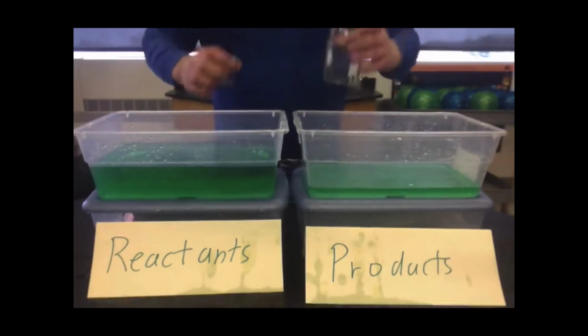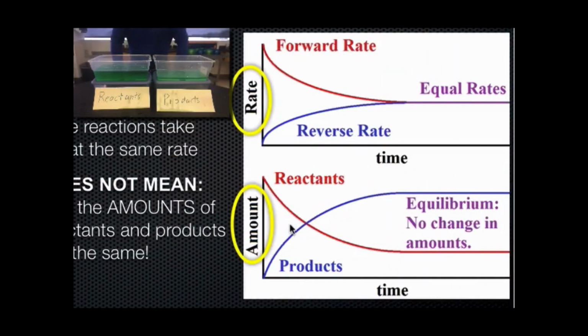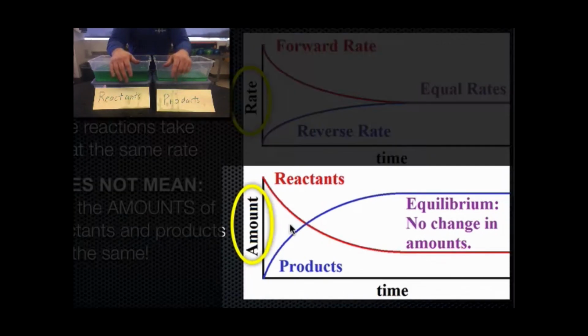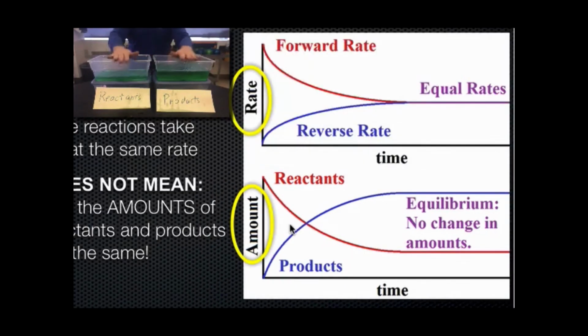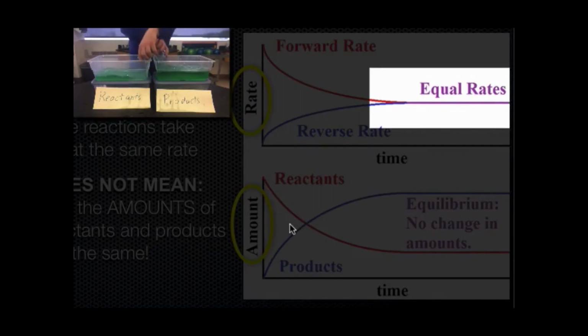Okay, so if we go back to the idea of the graph in our notes again, we see the bottom graph shows the amount, and in that graph, reactants were in red and products were in blue, I believe. So that was a product favored. So let's reset that to look like product favored, where once you've reached equilibrium, the rate of transfer, or how much gets transferred across, again, our rate of transfer would be equal.